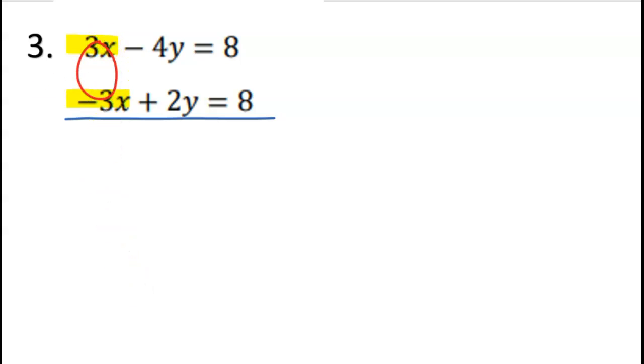These are going to cancel out this time. And negative 4 plus 2 and 8 plus 8, you add up the columns. Then you solve for y this time, because y was the variable that was left after I added up the columns.